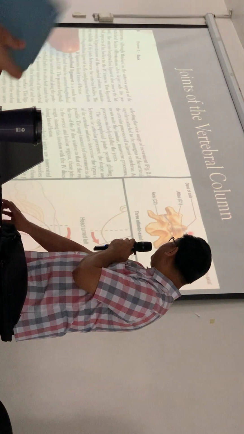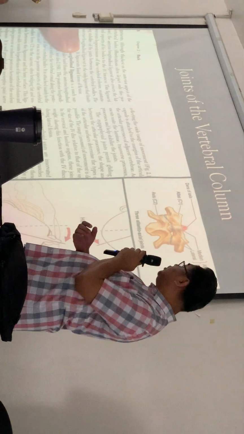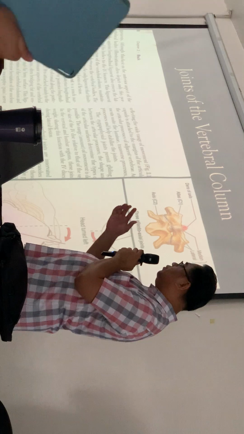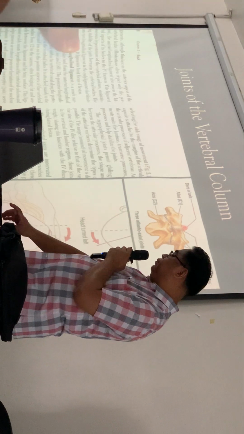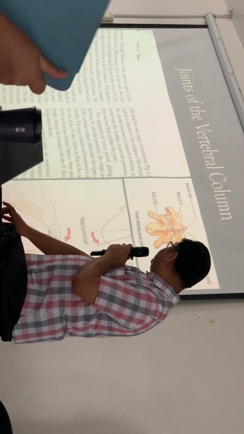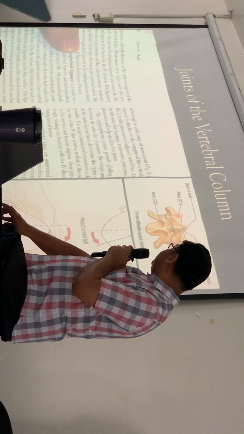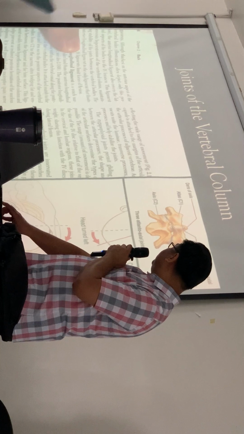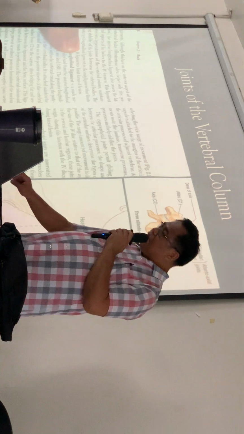And it acts like the body of C1, but it is separated from C1 to allow the head to turn from left to right. So that's the atlanto-axial joint. And then the joint here between C1 and the cranium will allow the head to nod from front to back.